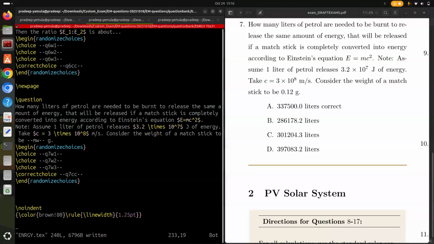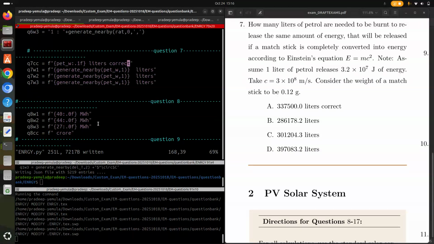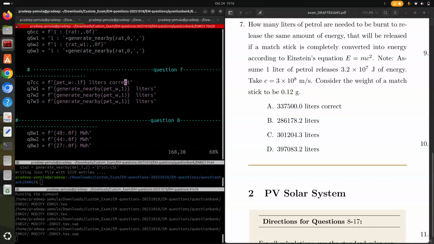Now I'm waiting for the answers. Okay, I don't need a decimal, because I thought the number would be small, but it is big. So here, point zero f with comma, zero.